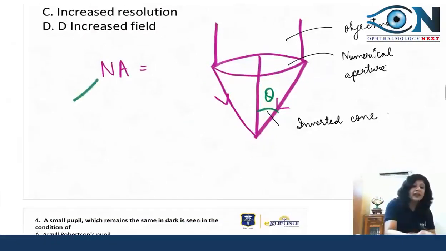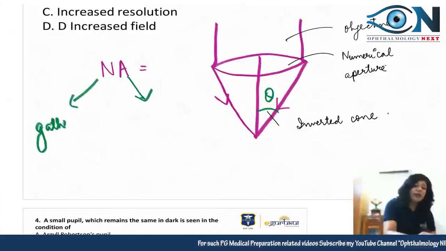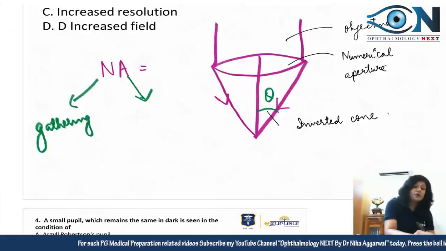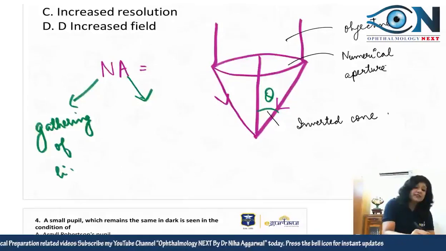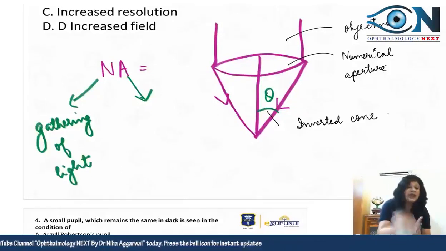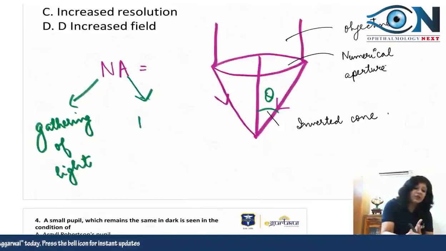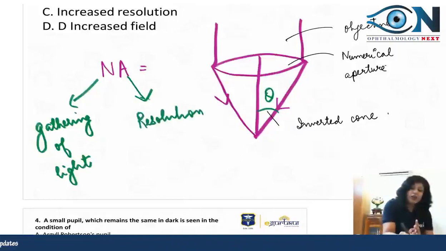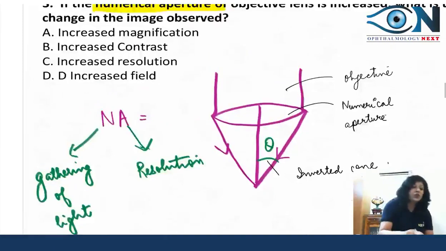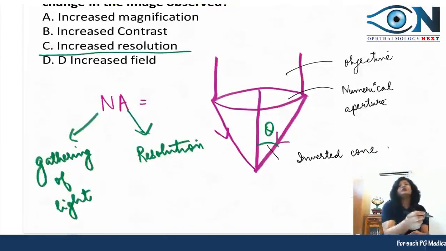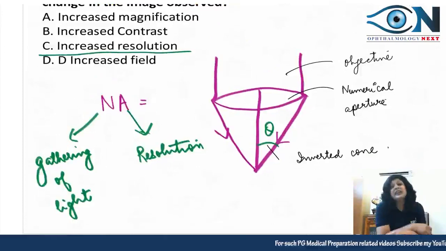Basically, numerical aperture depends upon two things. It is the gathering of the light, how much light is entering inside it, number one, and second, what will be the resolution. So they have not given anything about the light, so your answer will be better resolution or increased resolution.